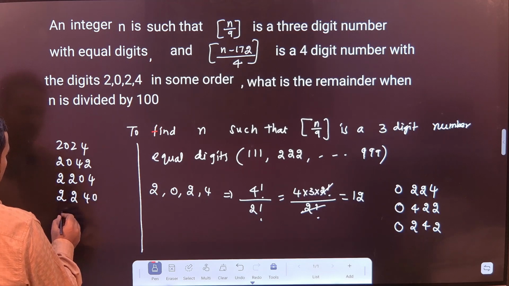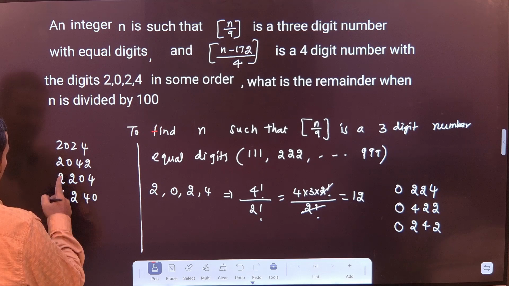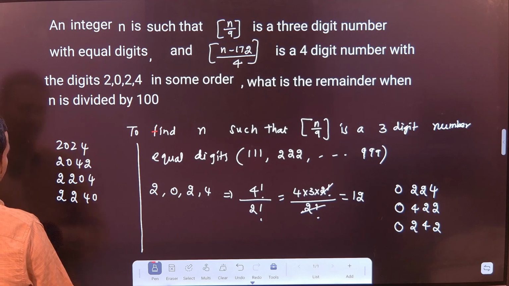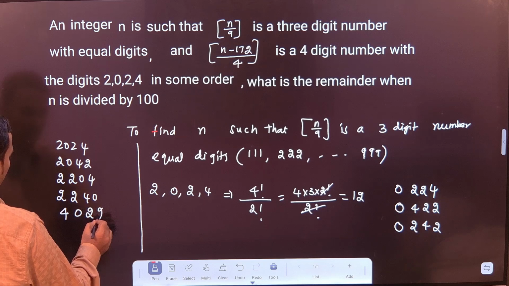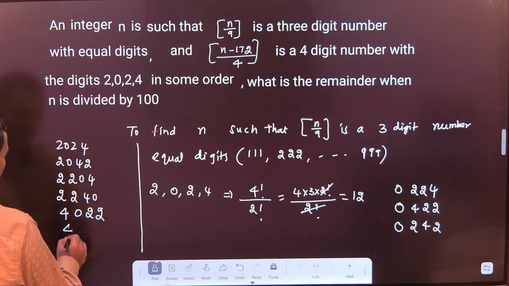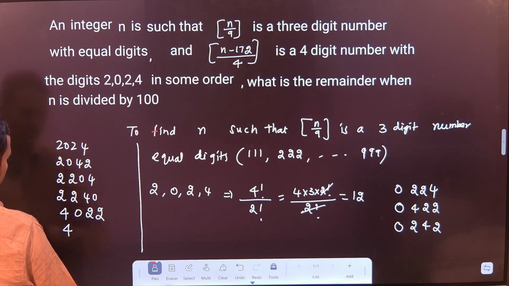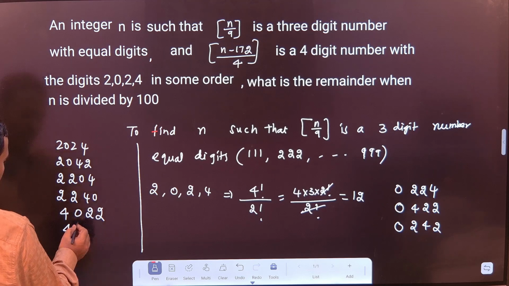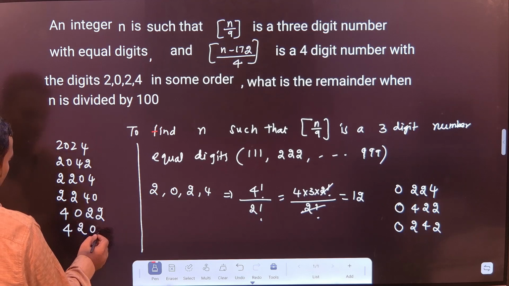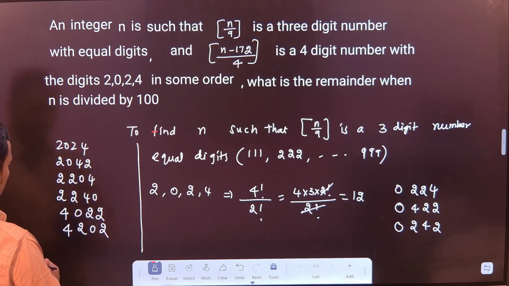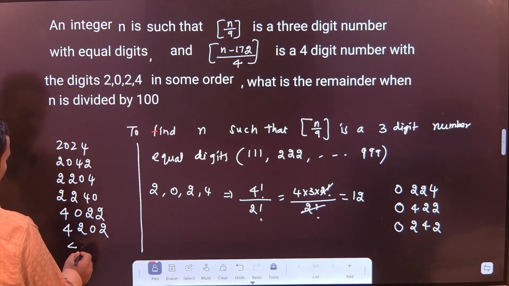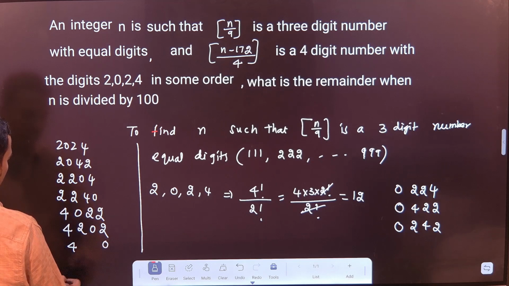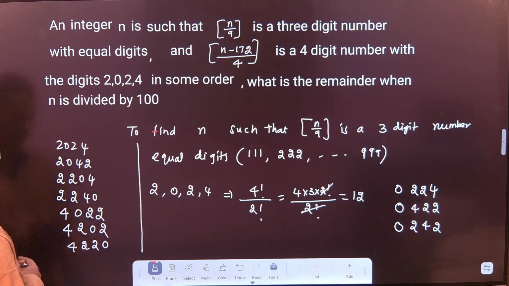And after that, let us take numbers starting with 4. 4, 0, 2, 2 you can say. Any other number possible? Let us take 4, 2, 0, 2 is possible, and then 4, 2, 2, 0 is possible.